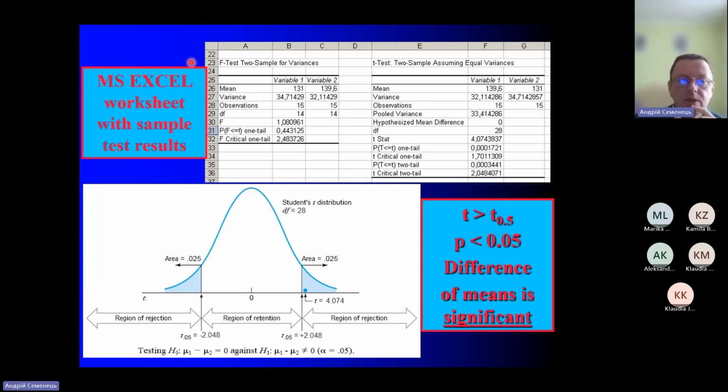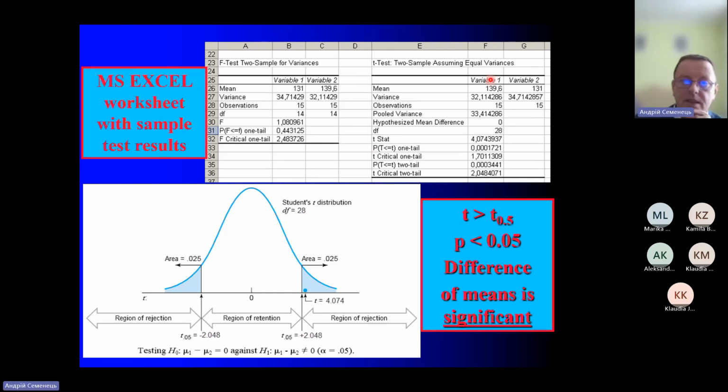And finally, we get the F statistic and the test statistic. About the F statistic, again the null hypothesis is no difference in variances, the alternative is a difference in variances. F is less than critical, so we accept no difference in variances, but the significance is 0.44, 44% of error. So there is no evidence either way of a difference in variance.